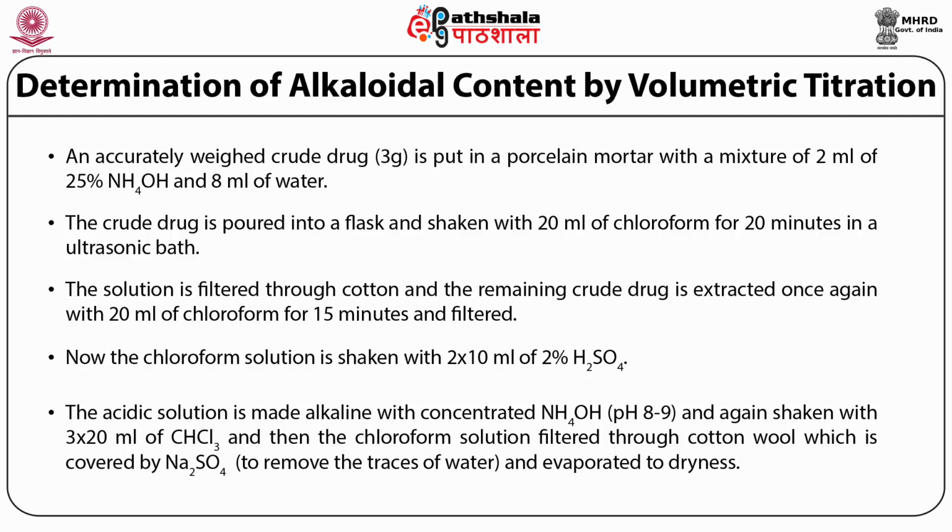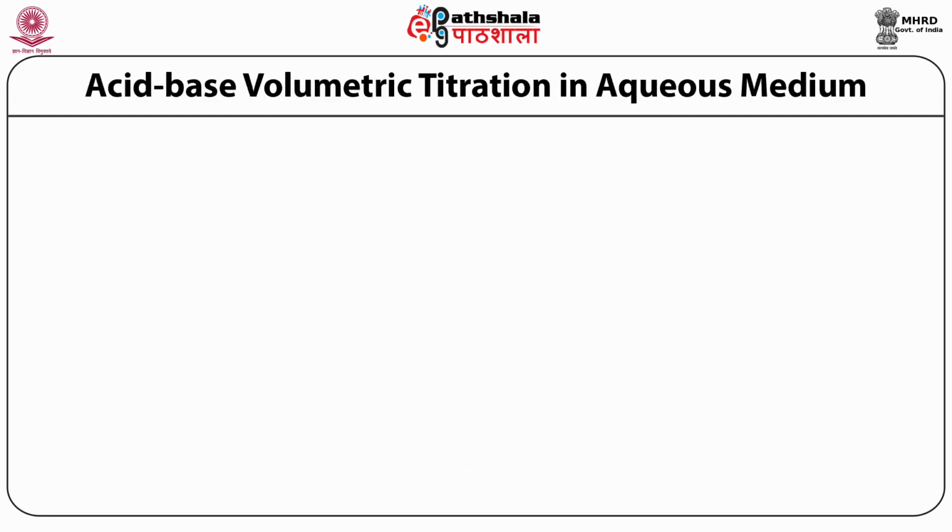This residue can be weighed for the residue calculation, or it can be subjected to volumetric titrations. The volumetric titration can be of both types, aqueous as well as non-aqueous.